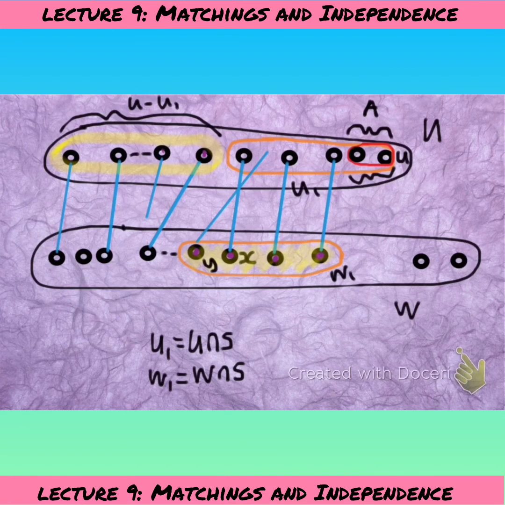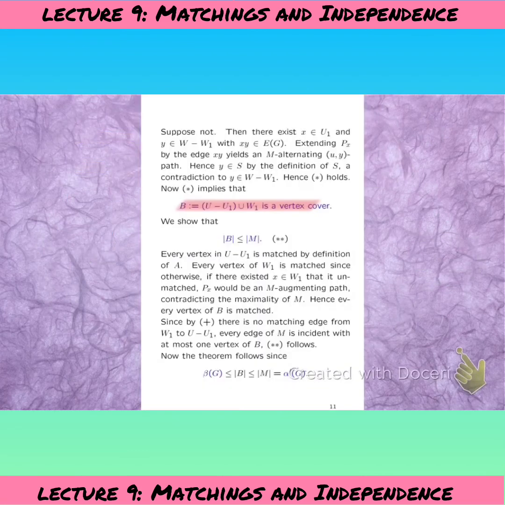Okay, and this is going to imply that the cardinality of B, which is now the number of vertices in the yellow set, is always less than or equal to the number of blue edges, because you couldn't get more than the cardinality of B blue edges. Alright, so therefore you have this inequality chain here.